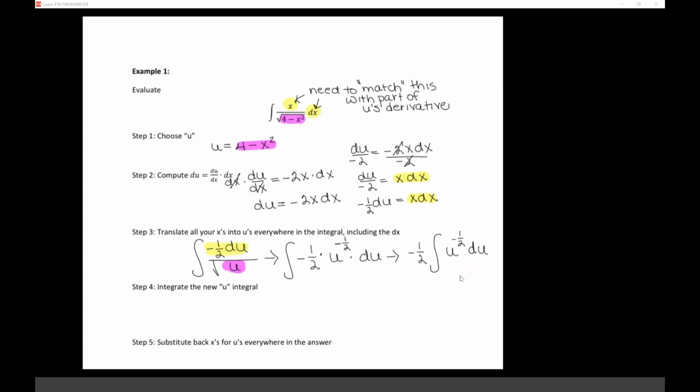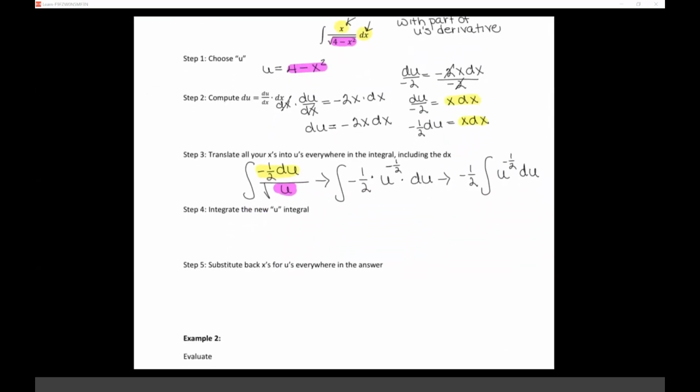So now I can integrate this new integral in terms of u like this. I'm going to use the power rule on it. Think about how you do that. It says take your exponent and add 1, and then take the new exponent and put it in the denominator, plus c.